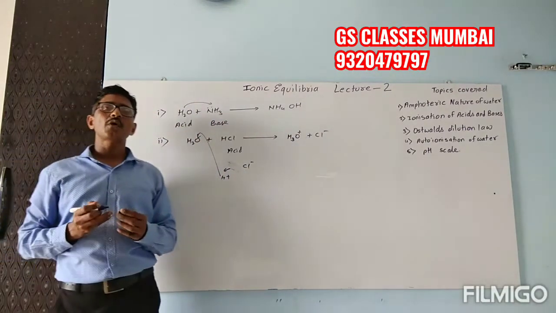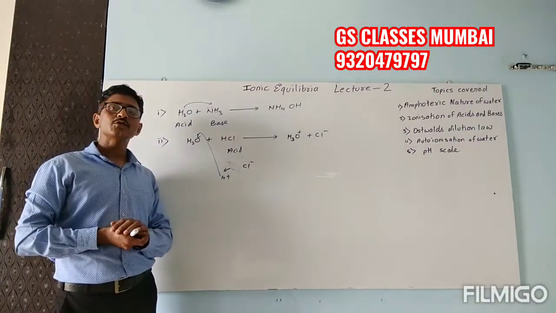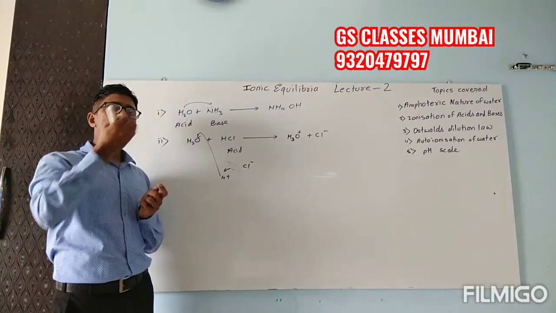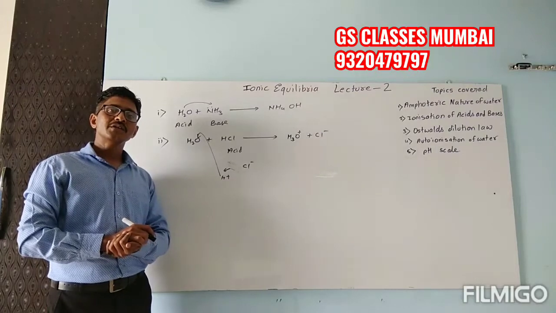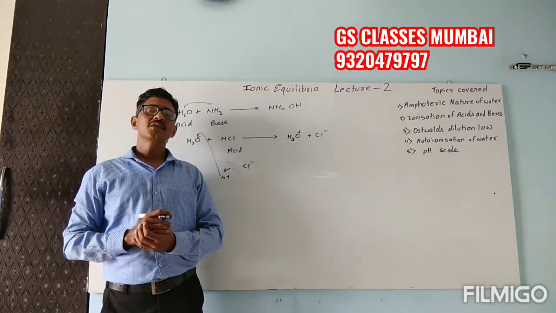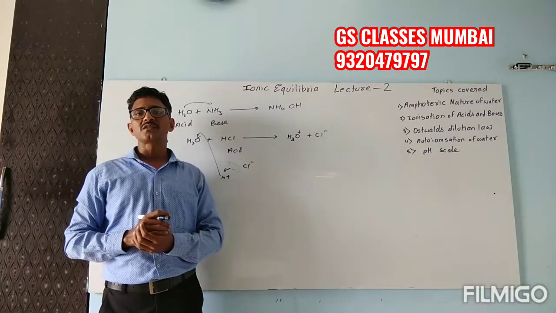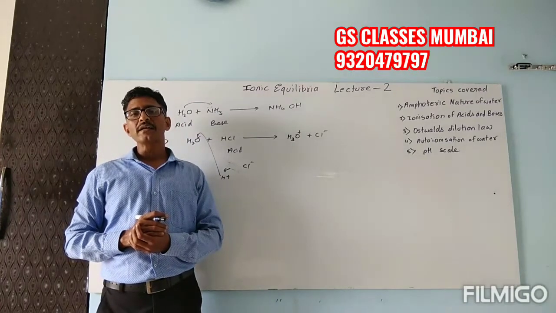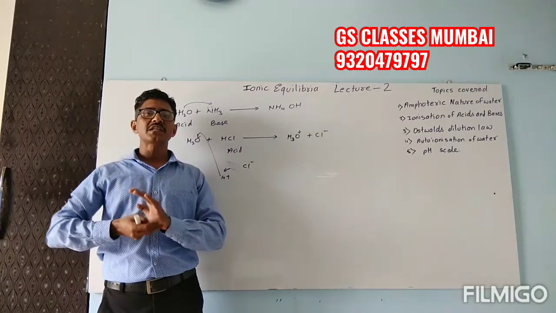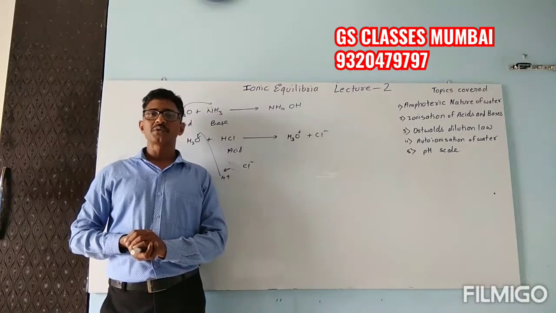In this reaction what has happened? HCl has donated a proton and water has accepted that proton. Children, in my previous lecture I discussed with you the Lowry-Bronsted concept, and according to the Lowry-Bronsted concept, an acid is a substance which can donate a proton and a base is a substance which can accept a proton.